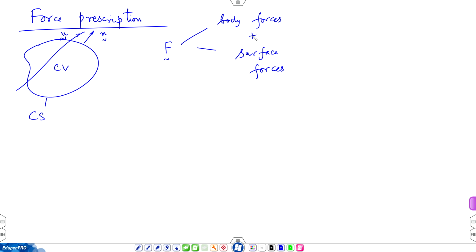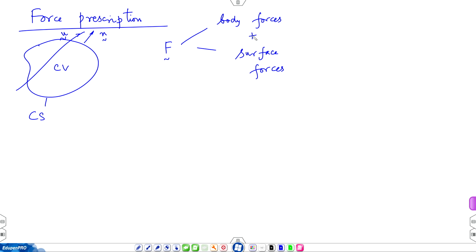Body forces will act throughout the volume of the fluid contained in CV, and surface forces will act on CS, the boundary of CV.